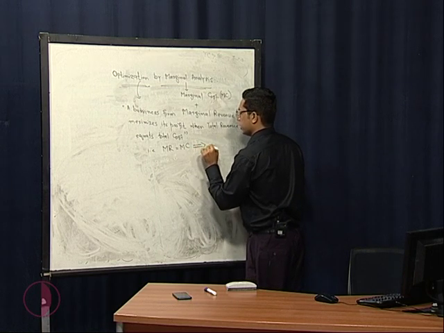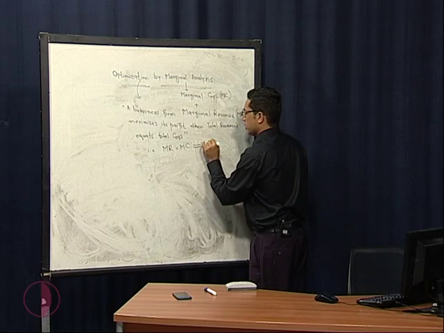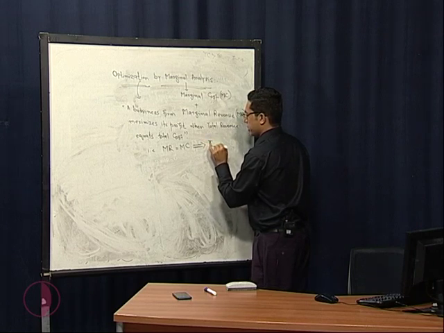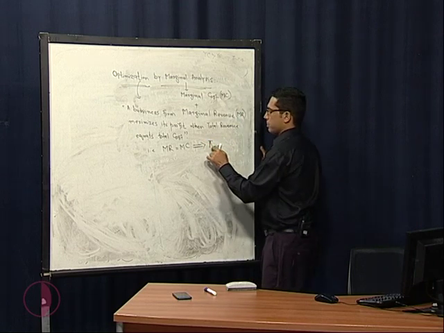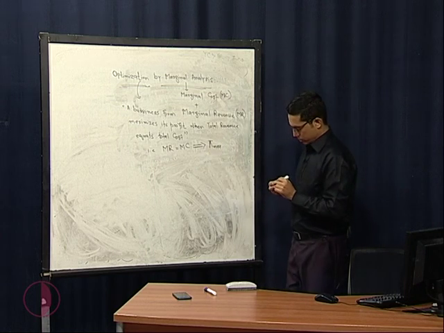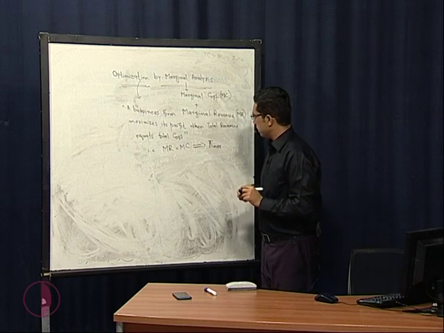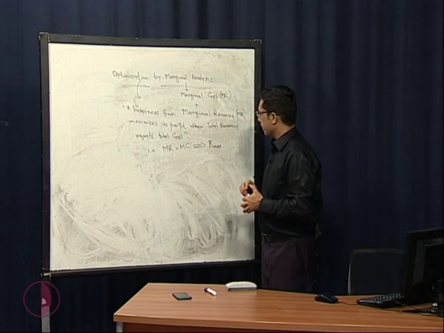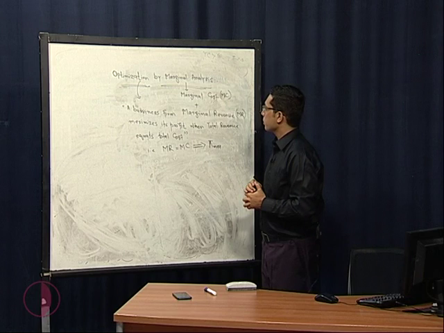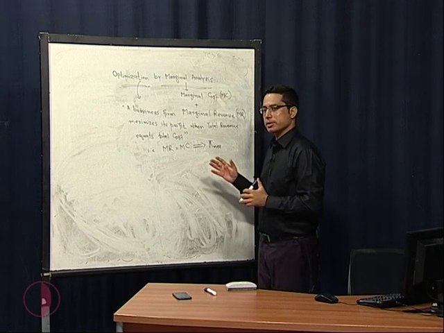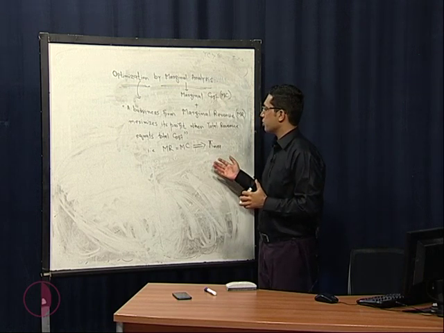At this point, profit will be maximum. Pi is the symbol which we use for profit. This is the notation which we use for profit in economics and also in managerial economics.